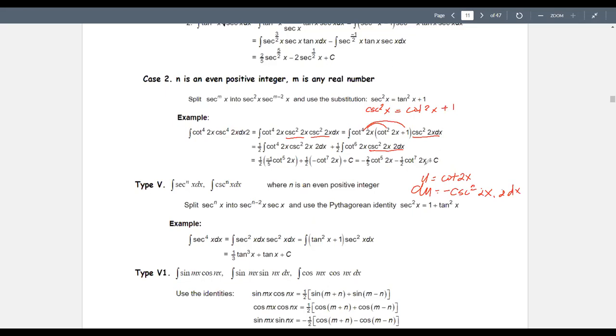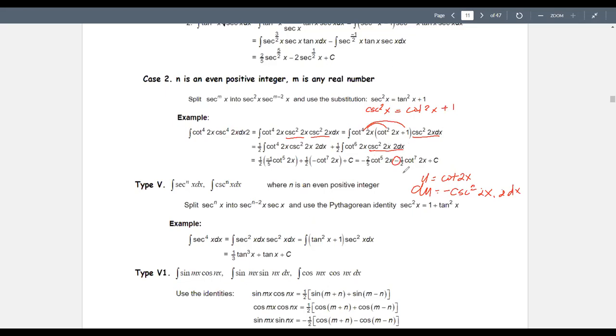So the 2 was introduced here. Rightly so, you should have 1/2 outside, so you place 1/2 here. And since the derivative of the cotangent is negative, you should place a negative sign here. You can see that one, negative.